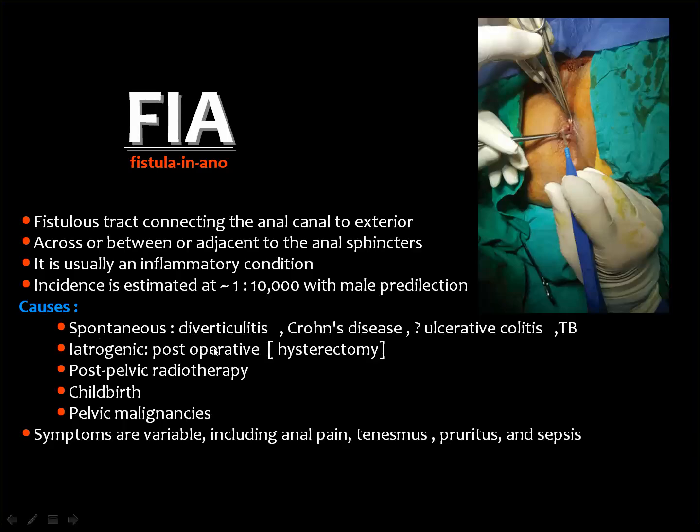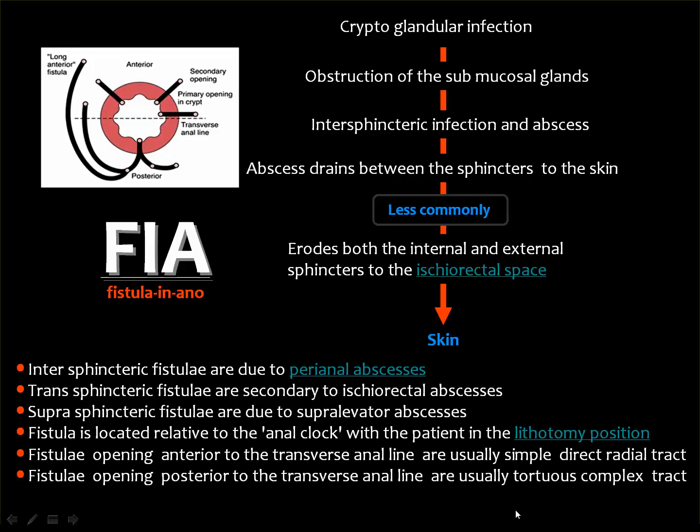The causes may be spontaneous, in cases of diverticulitis, Crohn's disease, ulcerative colitis, and TB; or iatrogenic, like post-operative, post-pelvic irradiation, childbirth, and pelvic malignancies. The symptoms are variable and include pain, tenesmus, pruritus, and sepsis.